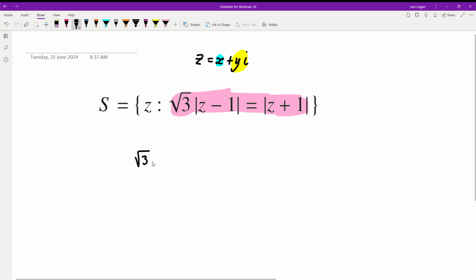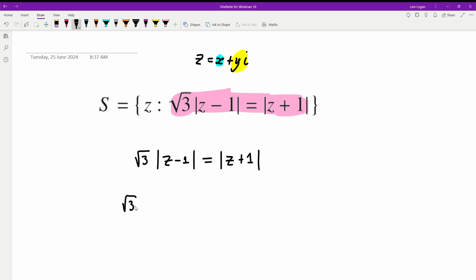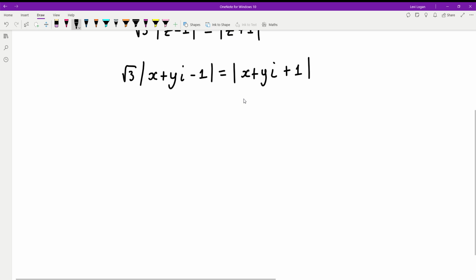So square root of 3 modulus of z minus 1 equals modulus of z plus 1. Then we're just going to substitute x plus yi into wherever z appears. So we have the square root of 3 modulus of x plus yi minus 1 equals modulus of x plus yi plus 1. Now we've got to group the real and imaginary terms.